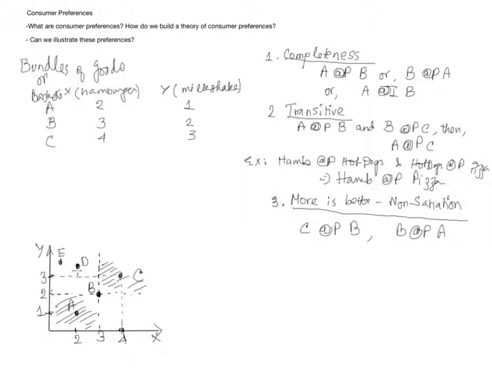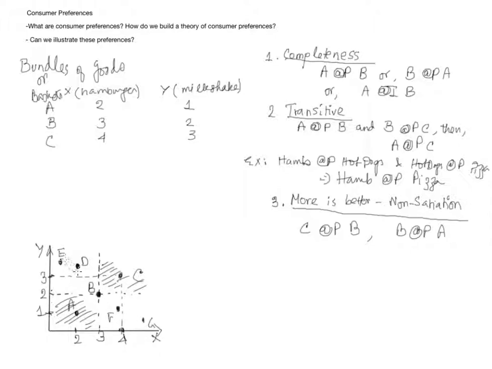So we don't know if these points would be preferred to B. Similarly, on this side, F and G, here we have more hamburgers but fewer milkshakes compared to B. So more of one good but less of the other good. That is what is happening in these two quadrants.